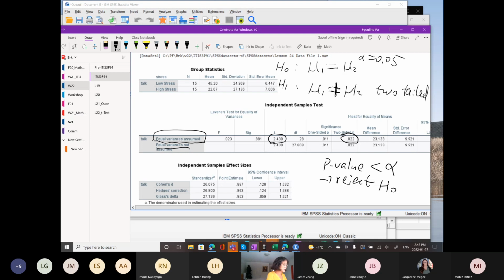Some people use N1 plus N2 minus 2. Some people choose the smaller of the sample sizes minus 1. Okay, I'm double checking on this.